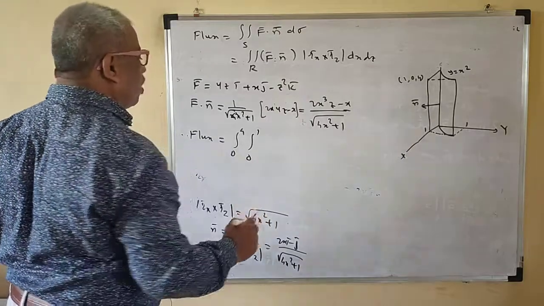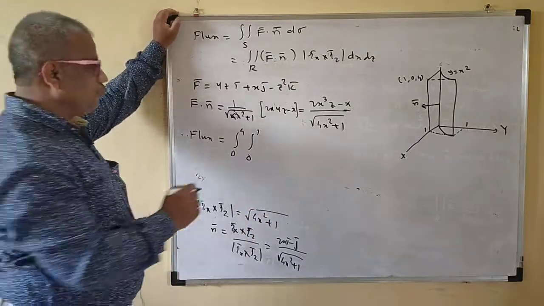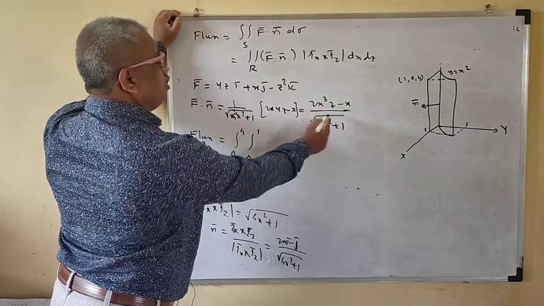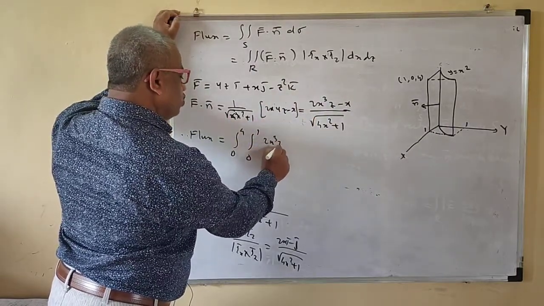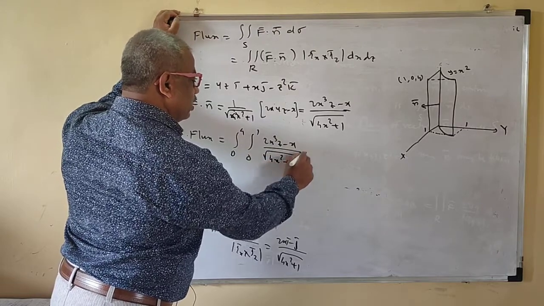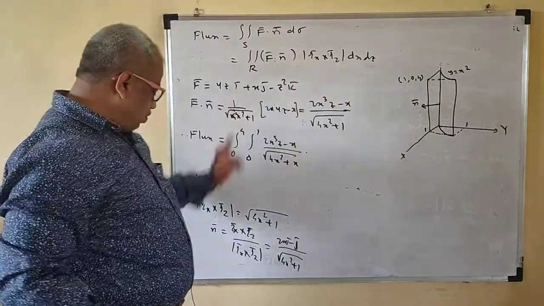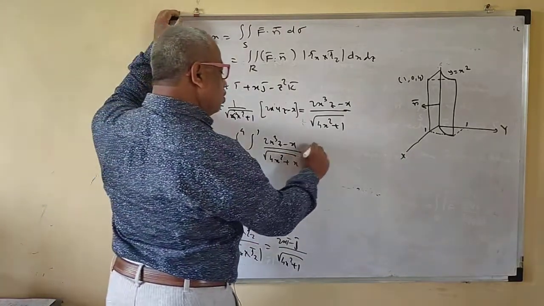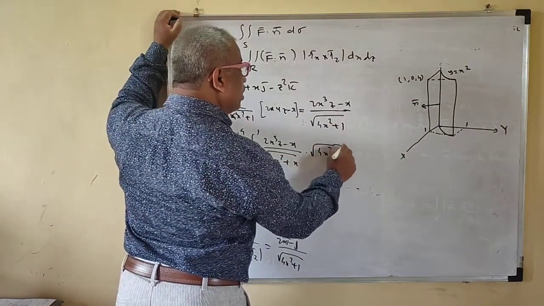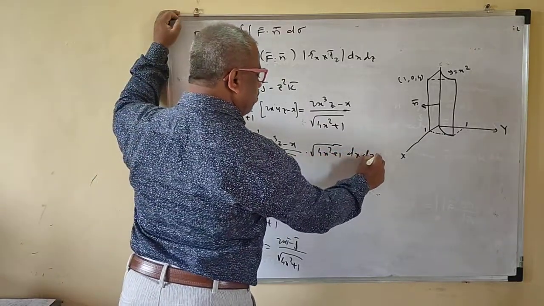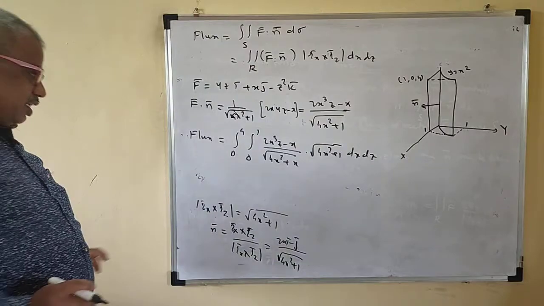So F bar dot n bar is twice x cube z minus x upon root of 4x square plus 1, into the modulus, which we have calculated as root of 4x square plus 1. The order is important here: it should be dx dz.